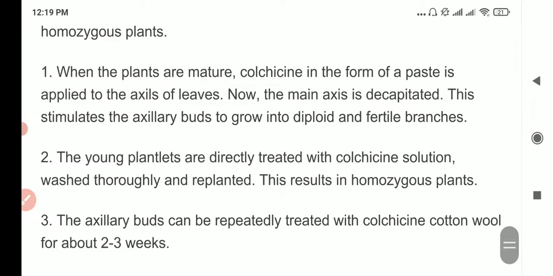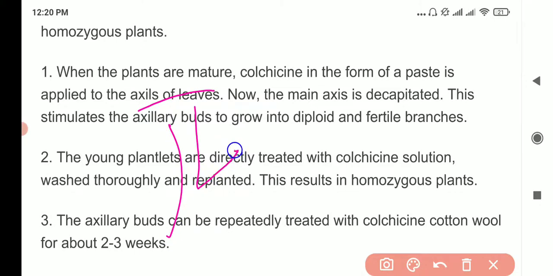So let's look at how they do it. When the plants mature, colchicine in the form of a paste is applied to the axil of the leaves. Now the main axis is decapitated. This stimulates the axillary bud to grow into diploid and fertile branches. So you just cut this part.